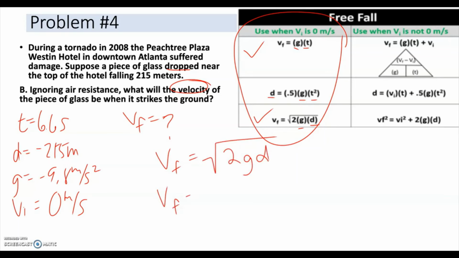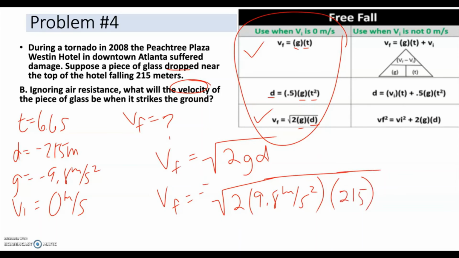All right, so VF equals, of course you can't take the square root of any negative number, so any negative signs would have to be outside of the square root. So square root of 2 times gravity, which would be the negative 9.8 meters per second squared. Again, negative sign stays outside the square root. And then our displacement would be the negative 215.